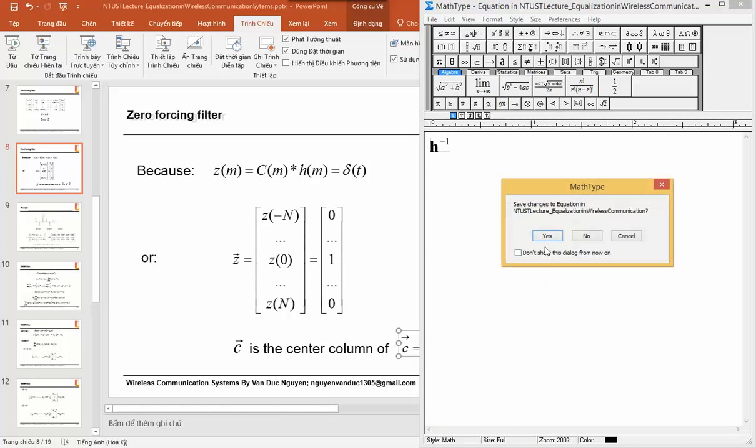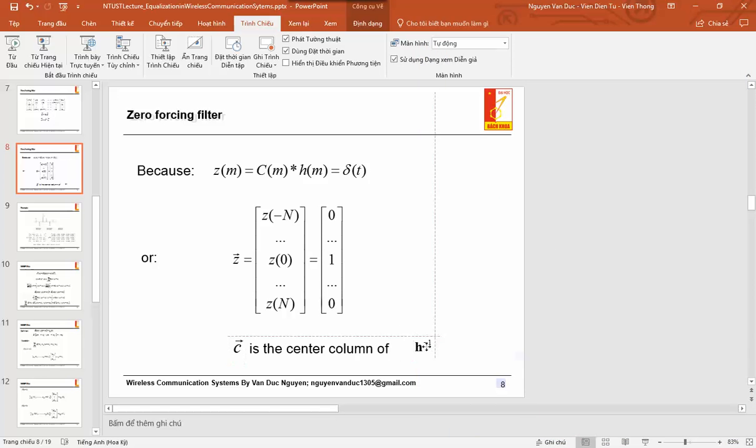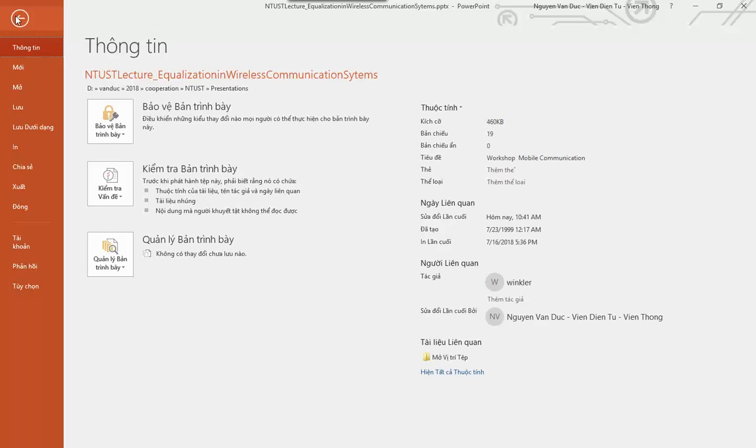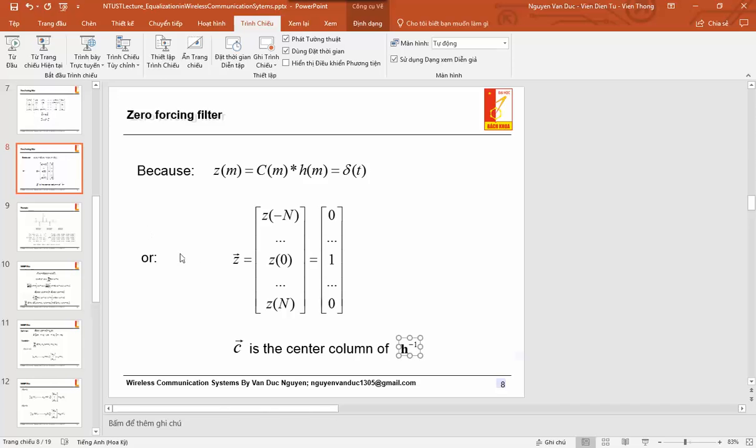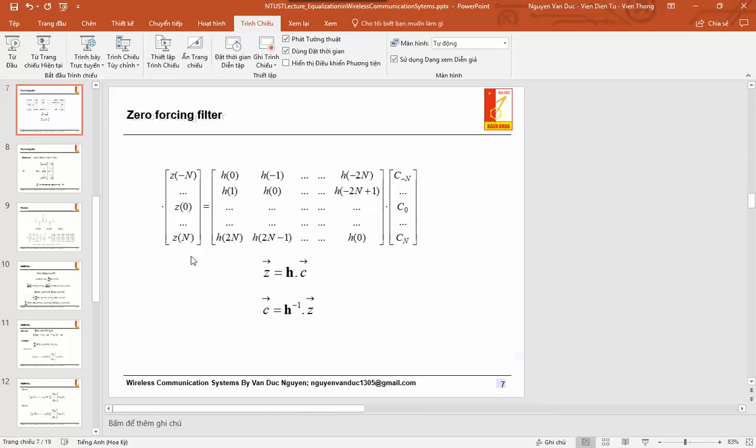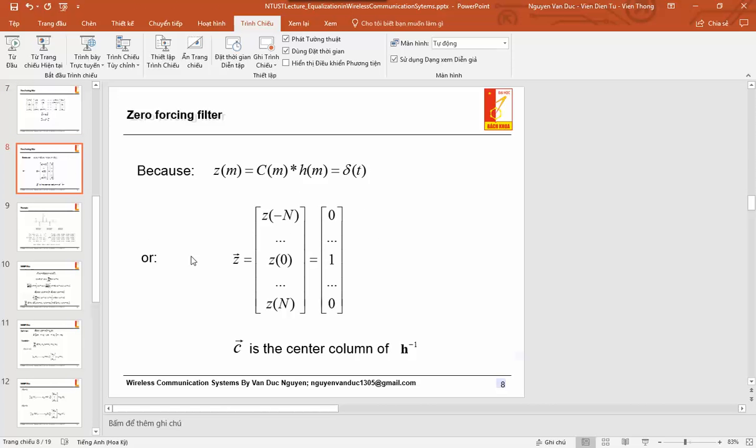Okay. Now, I'm sorry. Because you know that the set vector has this form, the filter coefficient vector is the center column of the inverse matrix of the channel matrix.